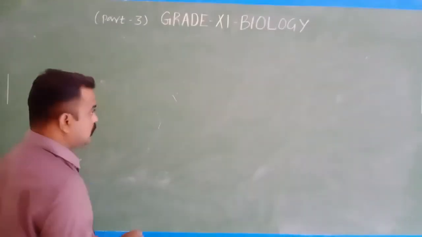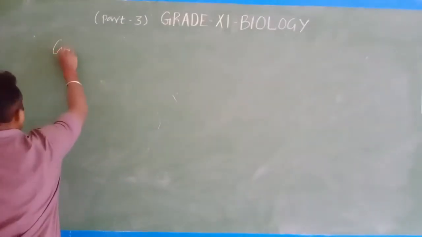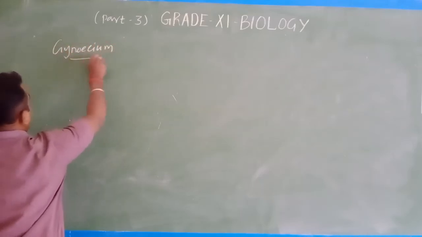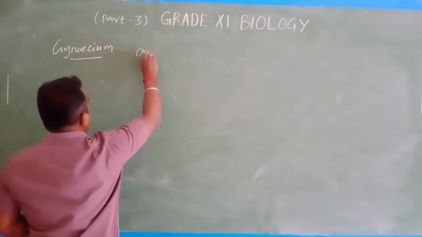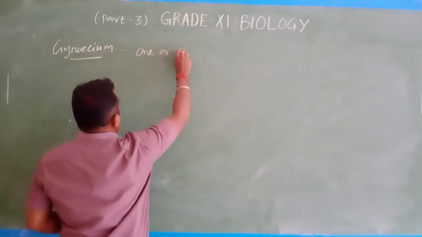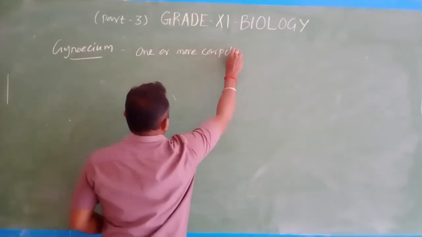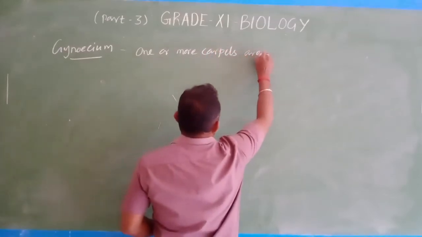So the next one is the Gynoecium. Here one or more carpels are present.